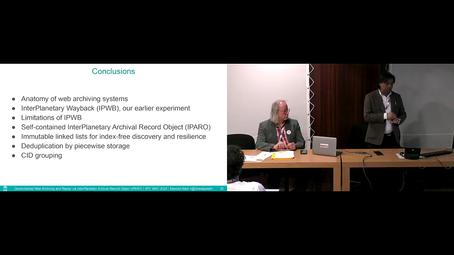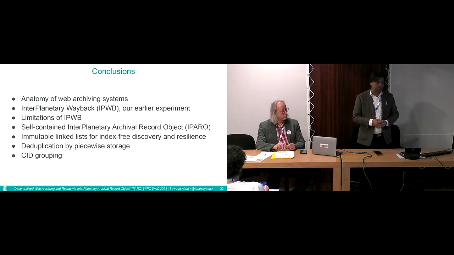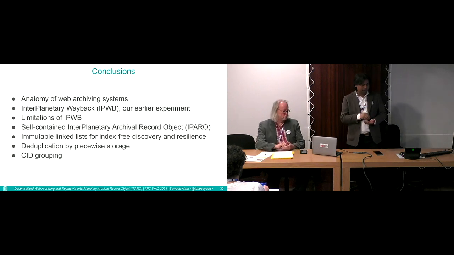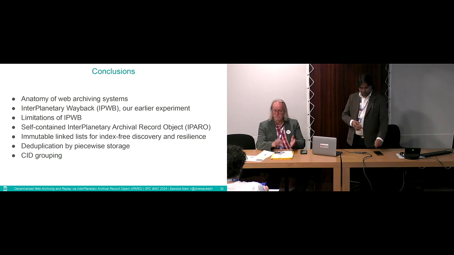We also talked about an immutable linked list for index-free discovery and resilience. This is what actually allows us to not have a CDX file and float it around as a centralized discovery mechanism. Then we also talked about deduplication by piecewise storage and CID grouping using a nonce. With that, I will take any questions.